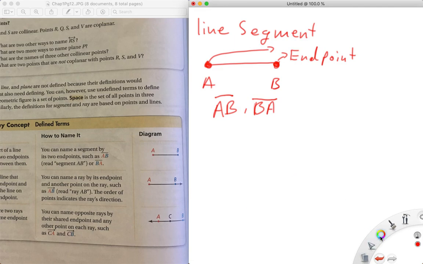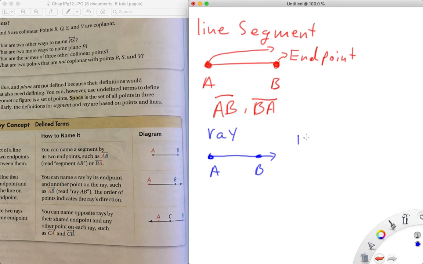Then we have a ray. A ray is comprised of one endpoint and one arrow.